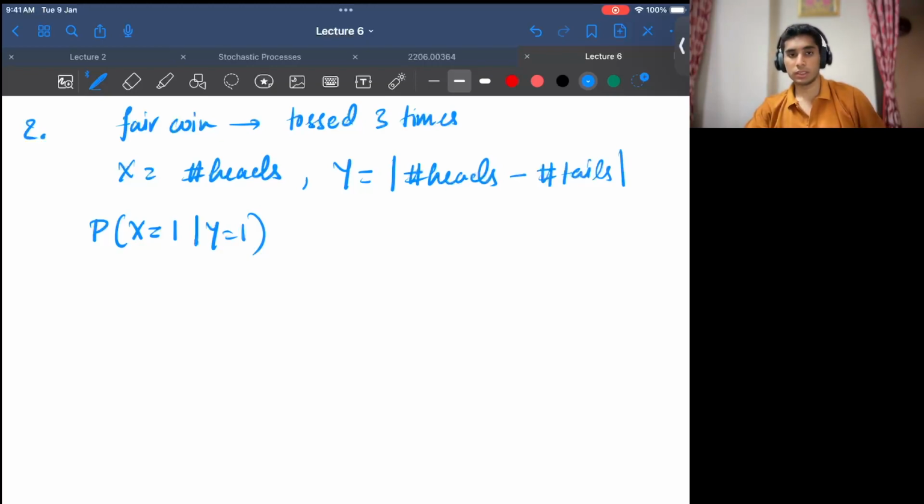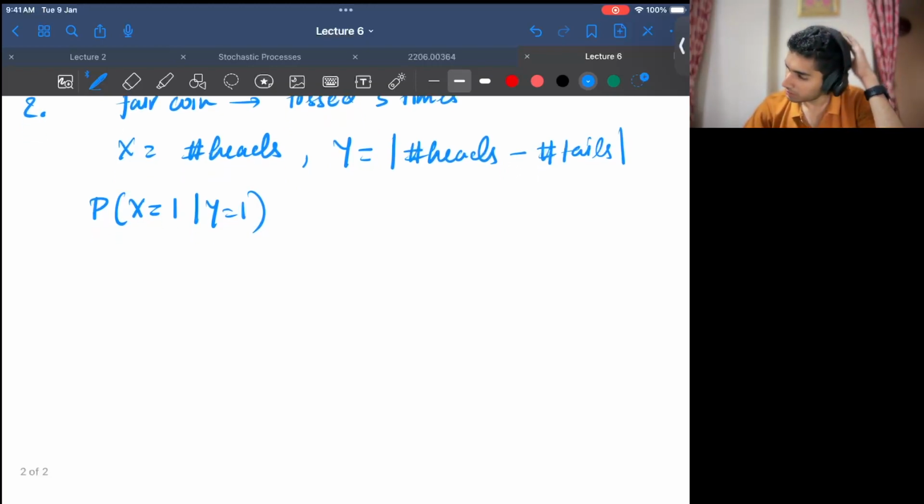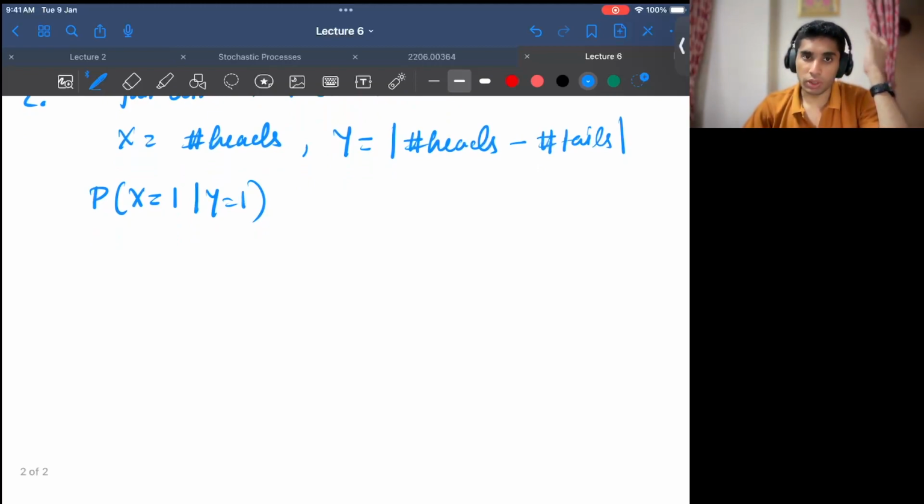So how do you solve this? Mostly in case of discrete random variables, you just need to create one table to get to the answer. Maybe I will just show you how to do it.